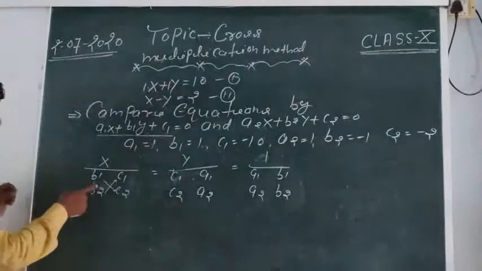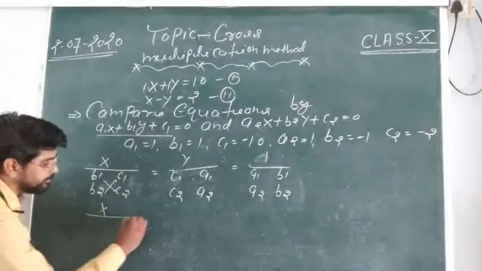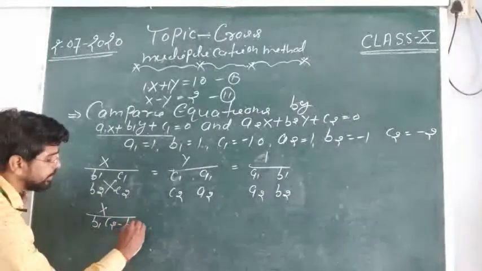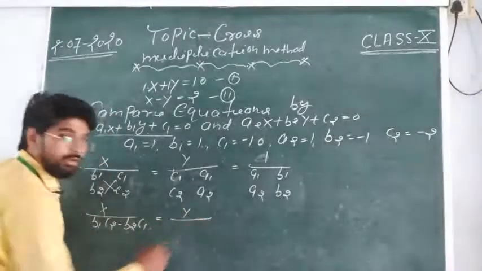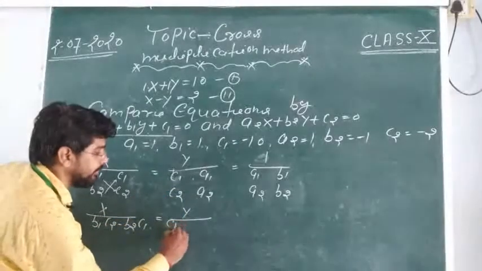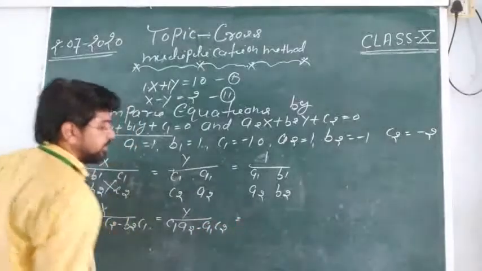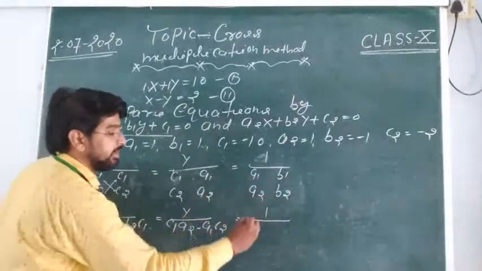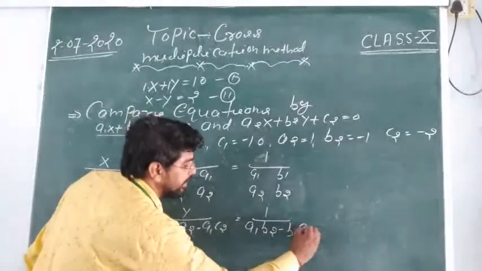So x upon b1 c2 minus b2 c1 is equal to y upon c1 a2 minus a1 c2 is equal to 1 upon a1 b2 minus b1 a2.